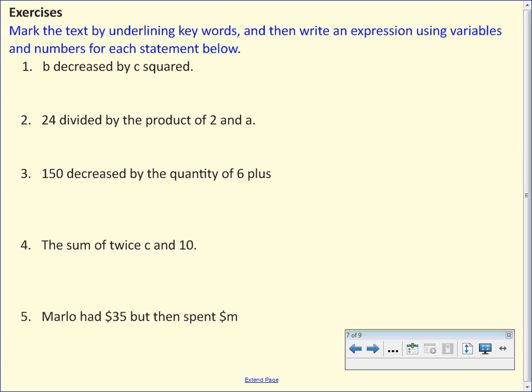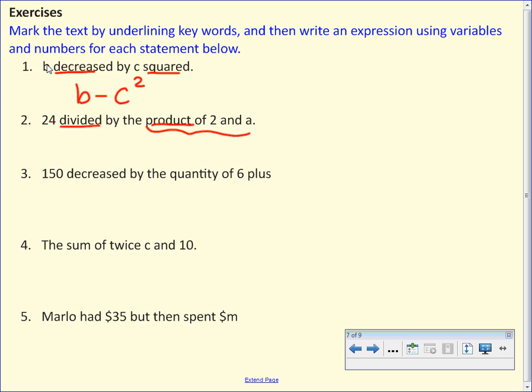Okay, let's review our answers for the exercise. You had to underline the key words decreased and squared. So we have B decreased by C squared. 24 divided by what?